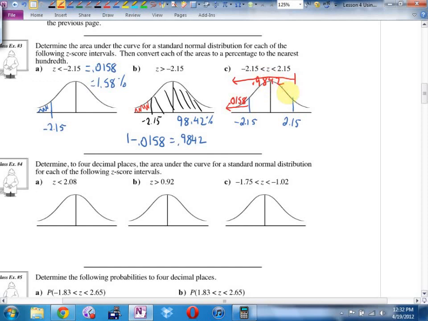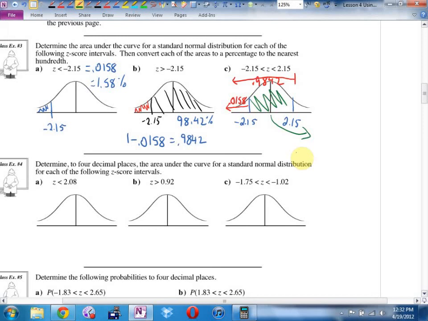So you ready? This is how we find an in-between. If this is 0.9842 and that's 0.0158, how can I figure out how big that area is? Subtract them. The bigger minus the smaller. In other words, the whole area, take away the tail, should be what's left.